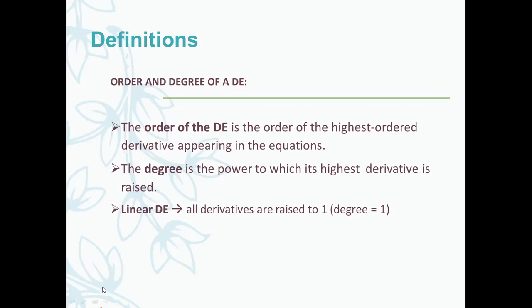Now, it doesn't follow though, class, let me just emphasize this. It doesn't follow that if the degree of your DE is 1, it's already linear. For example, I'd like to write this one. It doesn't follow that all first degree DEs are linear. The order of this DE is second order.